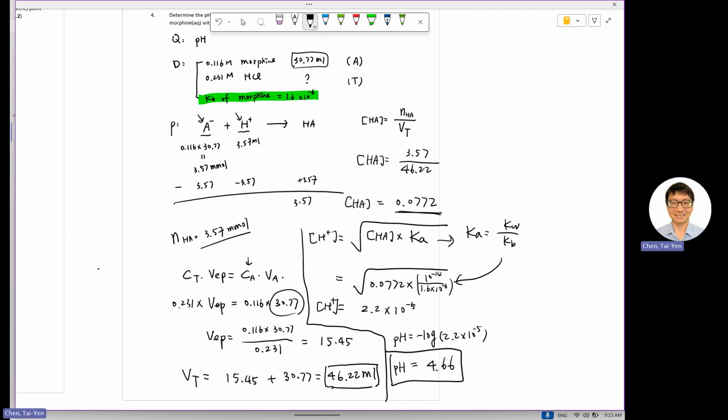That's why most students got cooked. Right? Because anything you make a mistake along the way, you're not going to get the correct answer. Okay? So do you see why I emphasize so much I have to break this down, right?